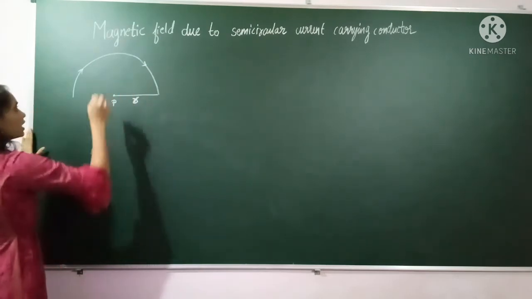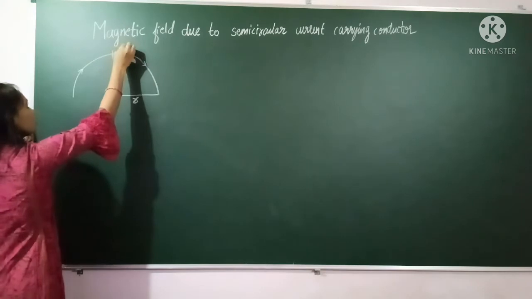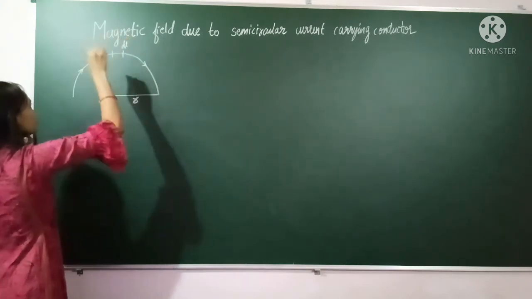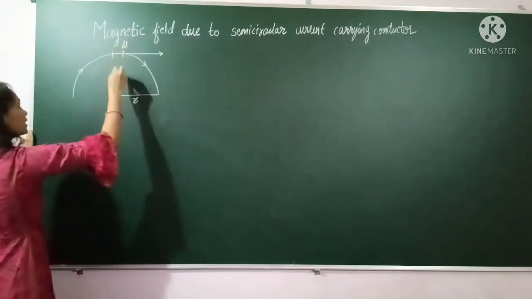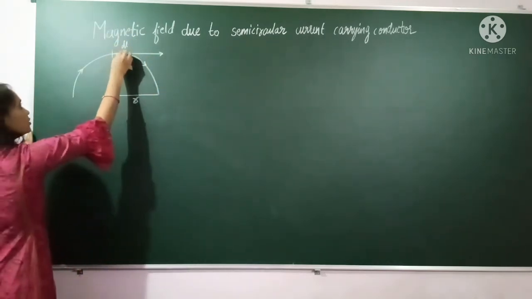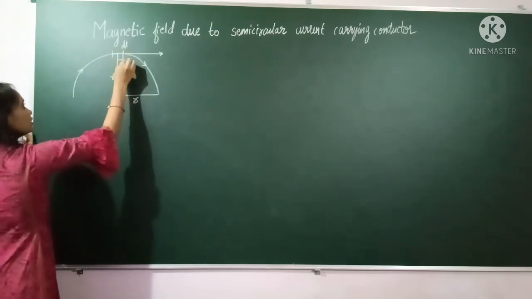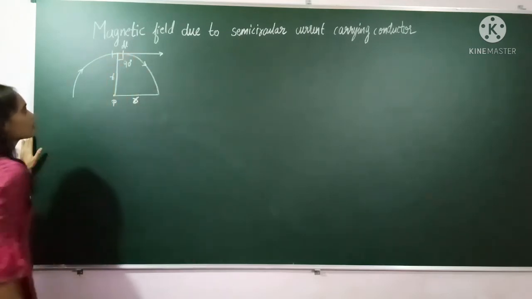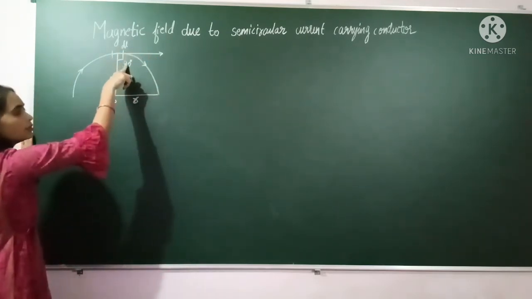Next we will take one small current element here, which we will call dl, and this is its direction. We join the current element and point P. The angle between the current element and this line is 90 degrees, because the element is tangent to the semicircular wire.